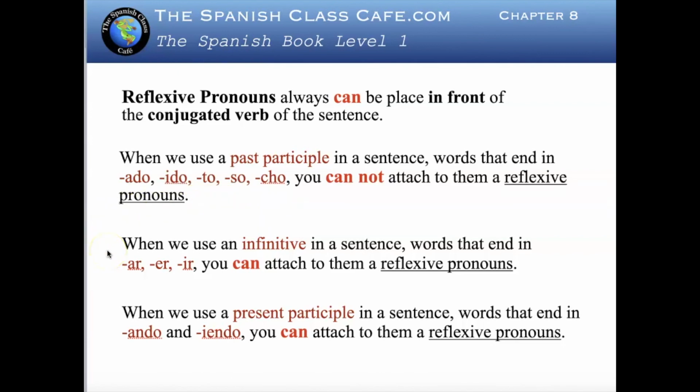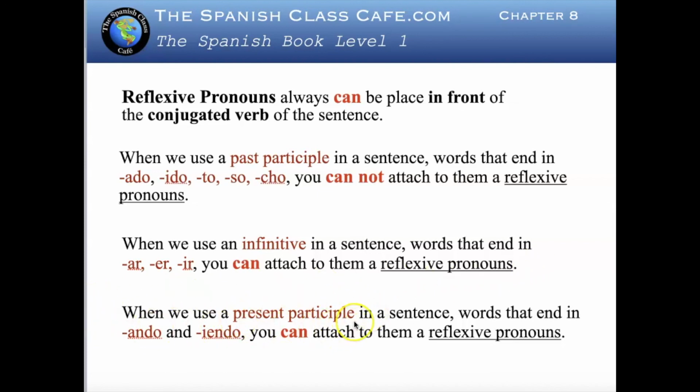Now, when we use an infinitive in a sentence, those are the words that end in AR, ER, and IR. You can attach to them a reflexive pronoun. Then you can put it in these kinds of sentences that use auxiliary verbs with infinitives. You can put it in front of the conjugated verb, or you can attach the reflexive pronoun to the infinitive. The same happens with the present participle.